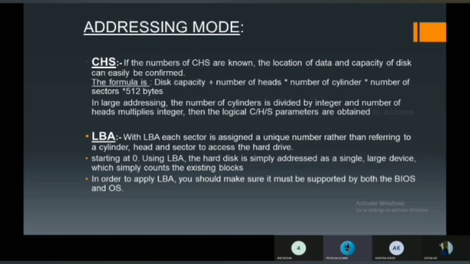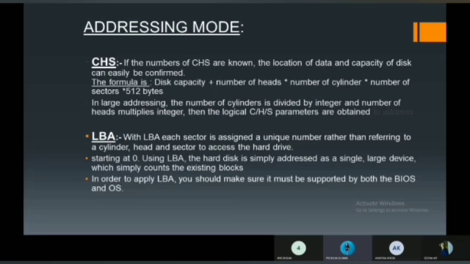The formula is: capacity equals number of heads times number of cylinders times number of sectors times 512 bytes. In large disk addressing, the number of cylinders is divided by an integer and the number of heads is multiplied by that integer. Then the logical CHS parameters are obtained for addressing.